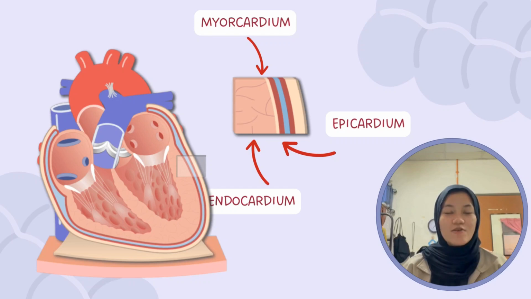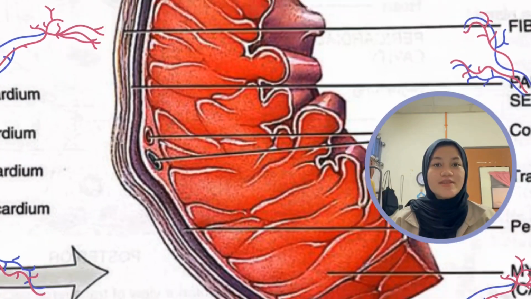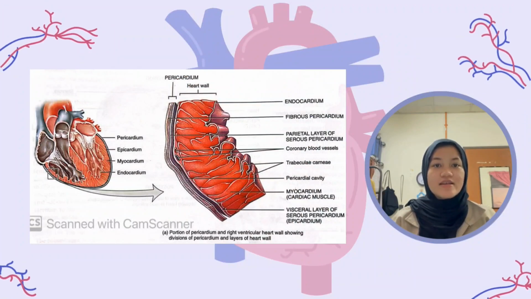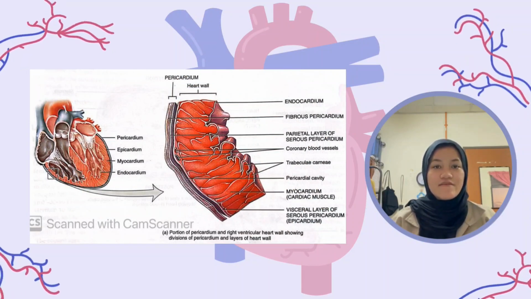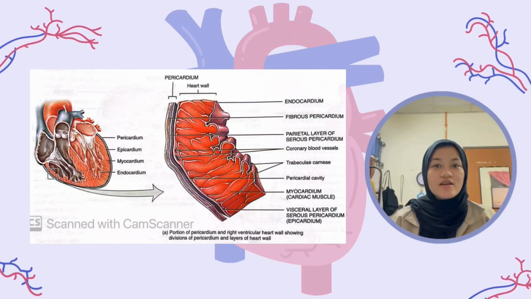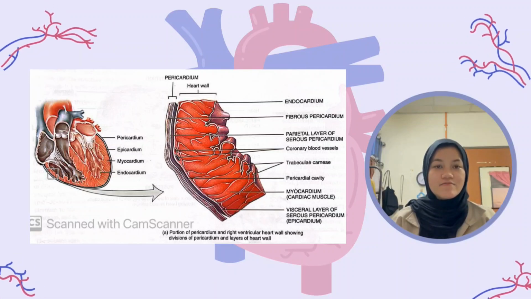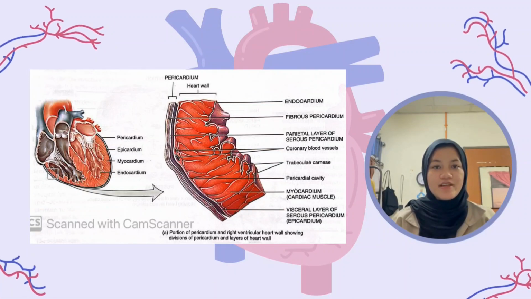The pericardium is the outer protective layer. It is composed of visceral pericardium, pericardial cavity, and parietal pericardium. Beside a triple layer sac that surrounds the heart, we have the epicardium, pericardial cavity, trabeculae carneae, coronary blood vessel, serous pericardium, fibrous pericardium, and heart wall.